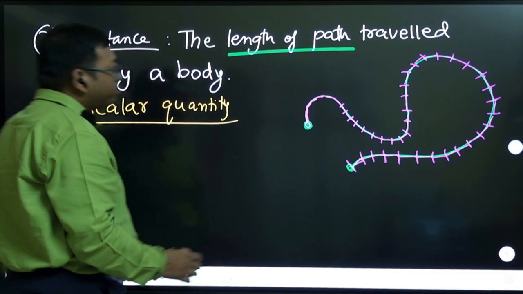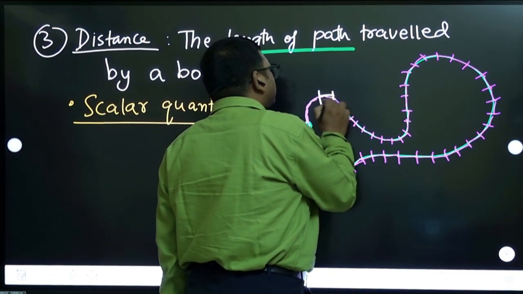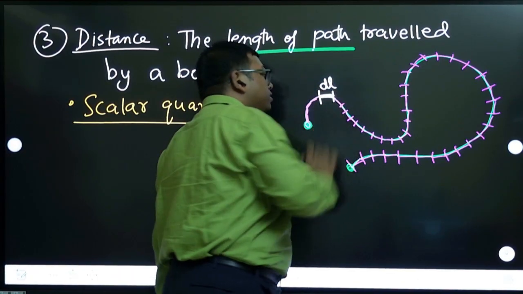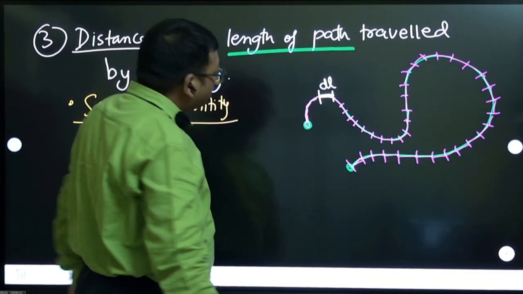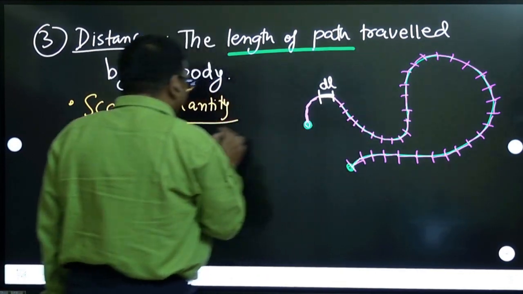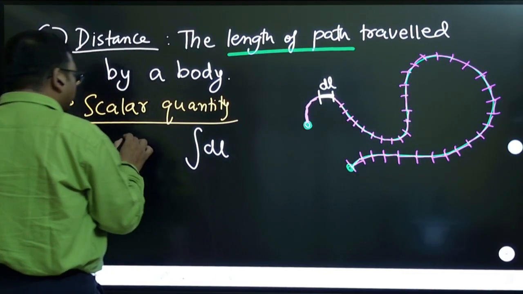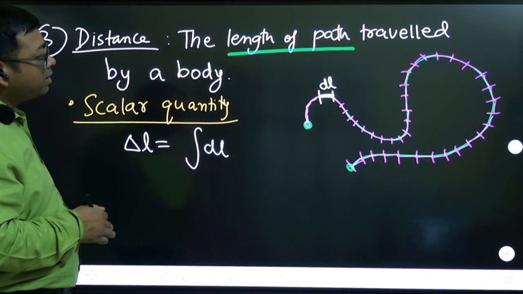Technically and according to maths, how do we measure? We take a very small length which is just like a small straight line. This we call dL. dL is the small length, and then we add all these small dL, that is called integration. So integration of dL will give us delta L. Delta L is nothing but the change in the length.